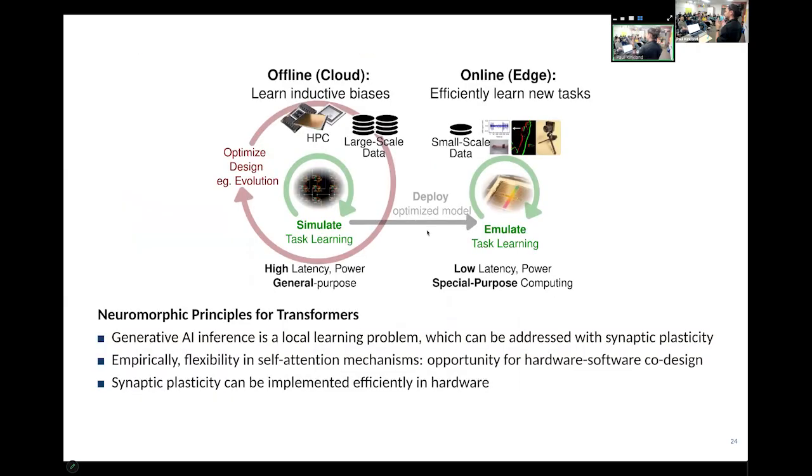Okay, so this is my last slide. This whole story with self-attention and synaptic plasticity is, for me, a great way of seeing how we can actually learn to learn. We have these beautiful synaptic plasticity rules that we can develop on hardware, but, as you know, Toby would say there's no problem that really requires online learning. And I think that's wrong. In this transformer approach, you can have these learning rules built into the transformer model.